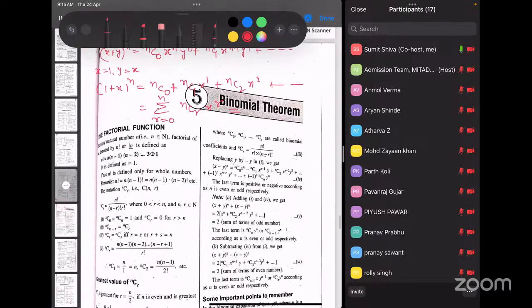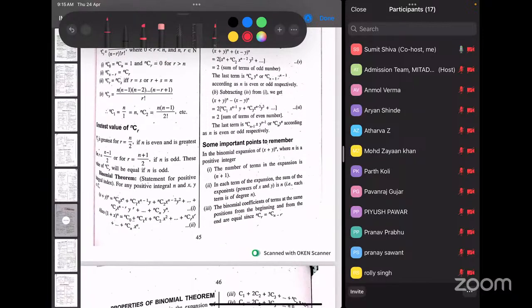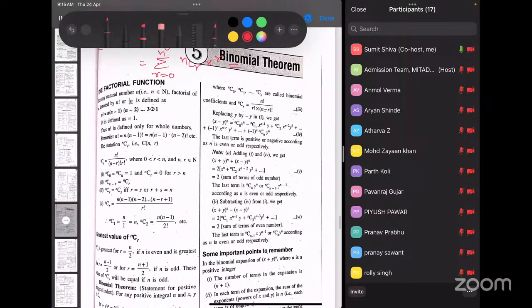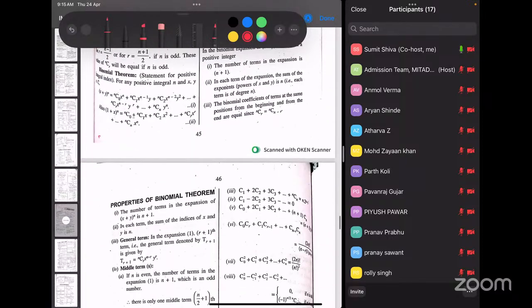That is, the sum of the even ones, nC0 + nC2 + nC4 + ..., will be the same as the sum of the odd binomial coefficients, nC1 + nC3 + nC5 + ..., and this will be equal to 2^n divided by 2, which is 2^(n-1).